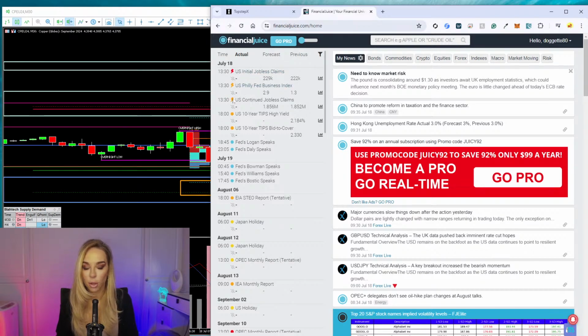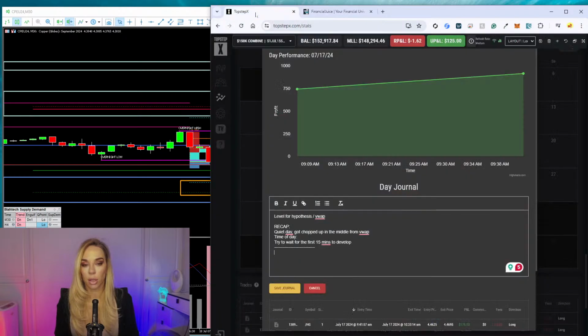And then some of the other, less important releases, and then some Fed speakers. Yay, always excited to see those. So use this tool and use the calendar not to get stuck in these releases. So that's another thing that should go into a journal.